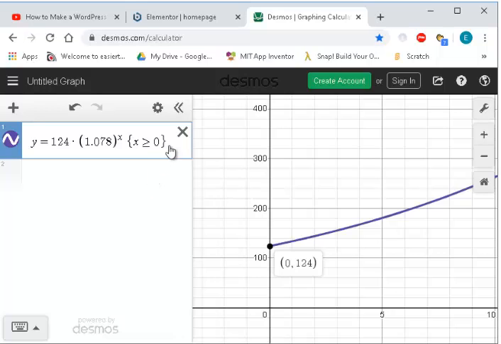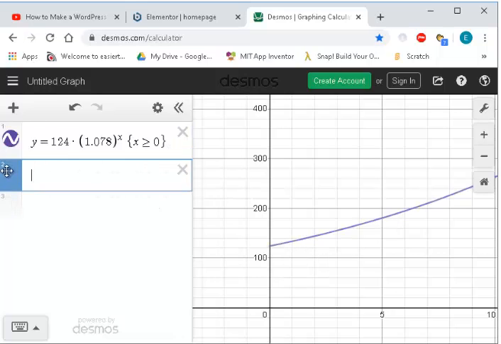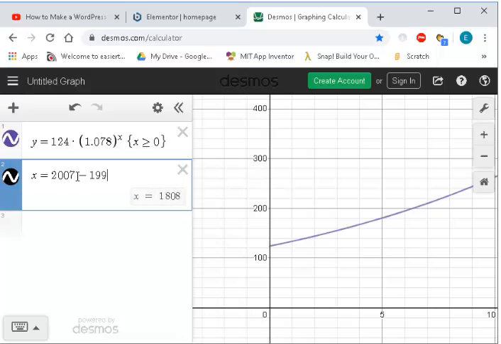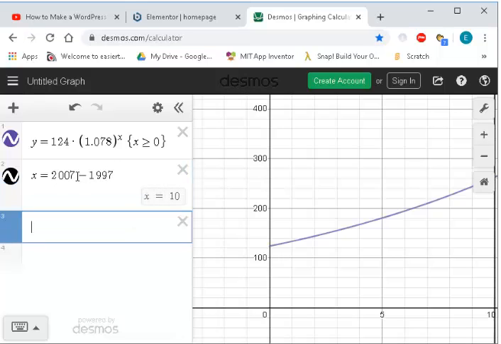So this means that I have to plot the line. Remember, this represents the number of years since 1997. Okay, so I have to plot x is equal to 2007 minus 1997, whatever this value is.